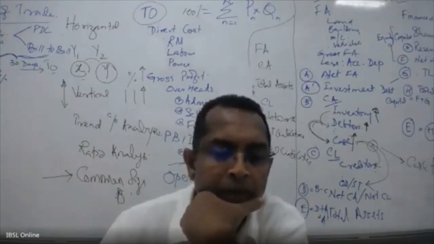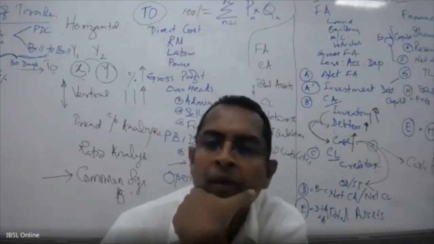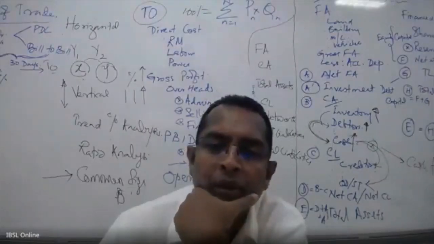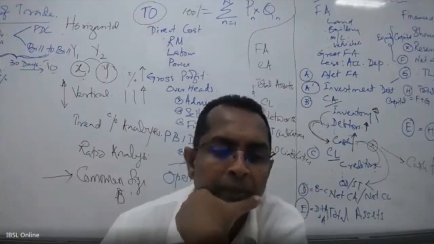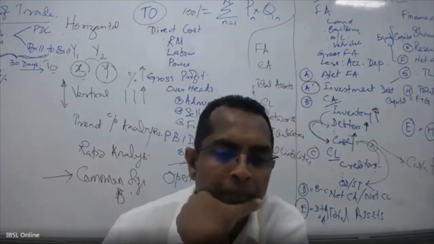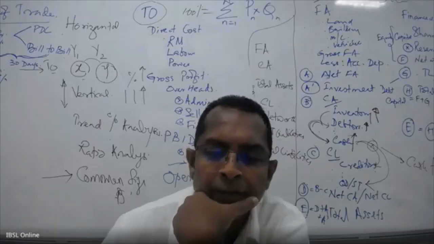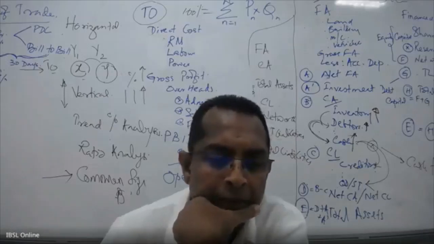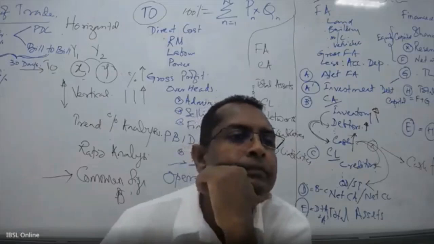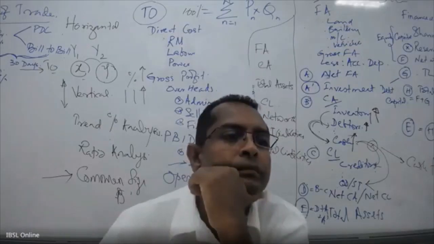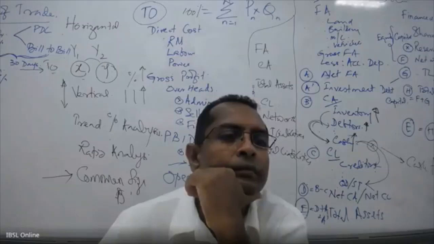Then current ratio, acid test. These are the things I showed: cash, marketable security, account receivable, and current notes receivable. Right. Then I have another thing.